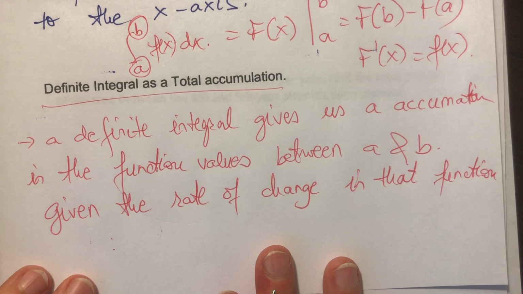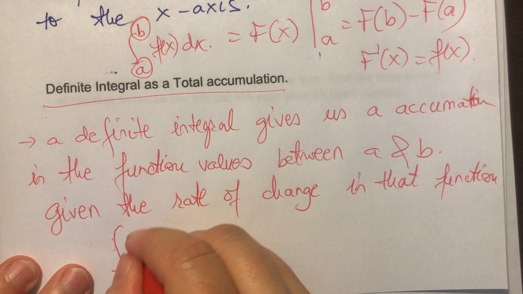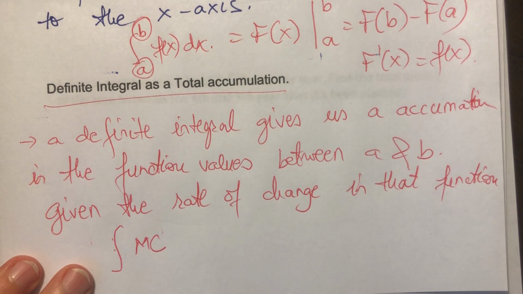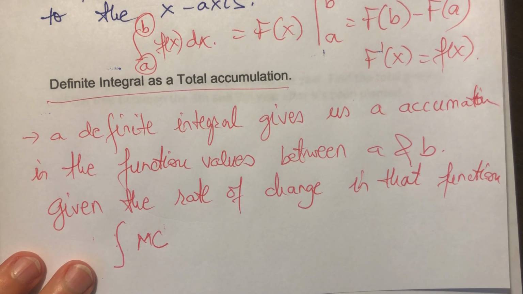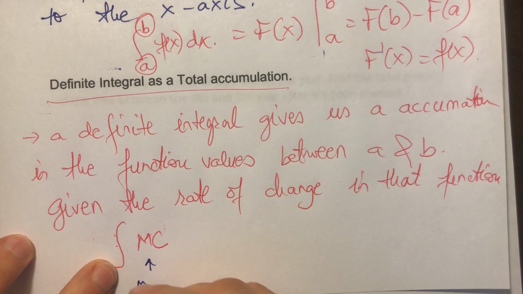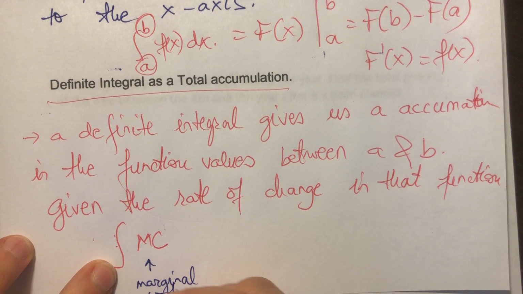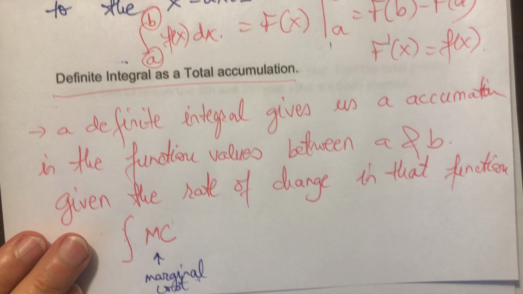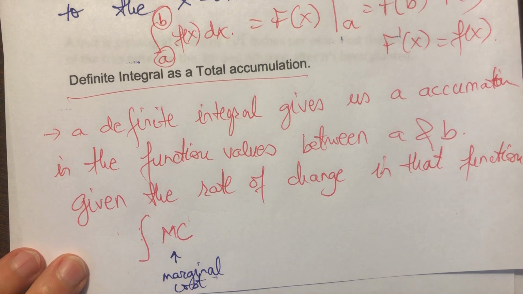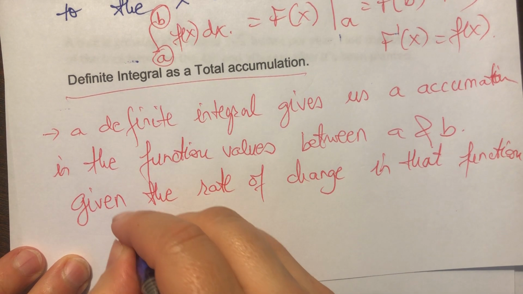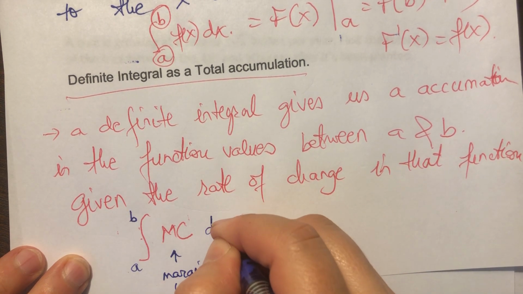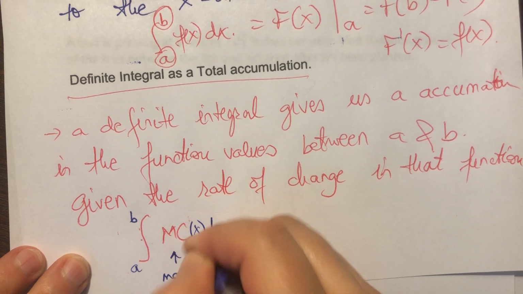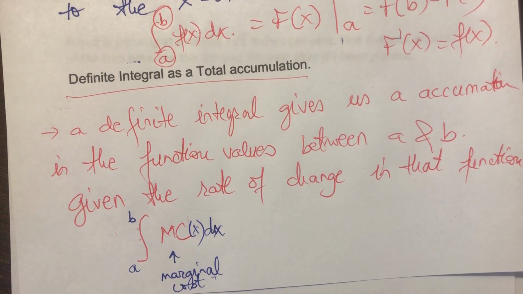Okay? So in other words, if I'm starting with a rate of change, marginal cost. Yes, so let's say this is the marginal cost, yes? And I want the integral. So I'm given the marginal cost of producing some items.